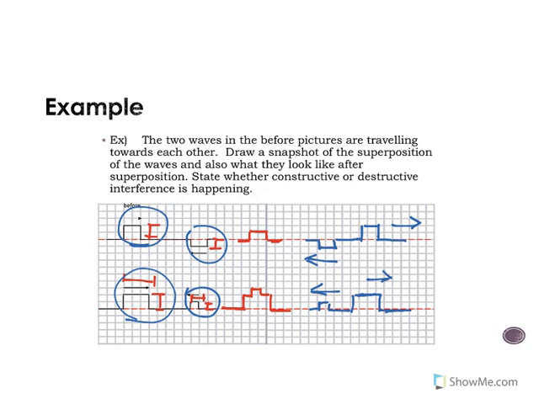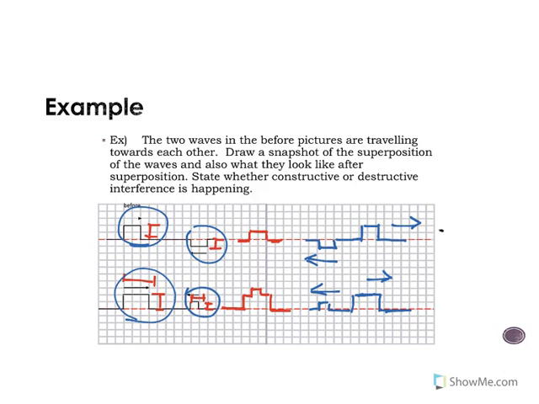It also asks us to state whether this is constructive or destructive interference. Remember, destructive interference refers to when the superposition is smaller than the initial disturbances. So when the disturbance is smaller than the initial disturbances, it is destructive.